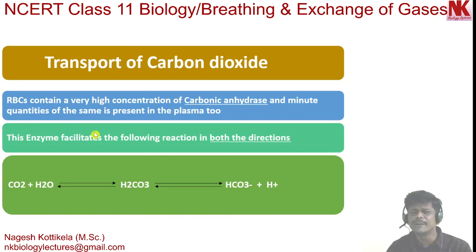One of the very important concepts in connection with this is that RBCs contain a very high concentration of carbonic anhydrase enzyme. Very important. The name of the enzyme, carbonic anhydrase. Minute quantities of the same are present in the plasma too.